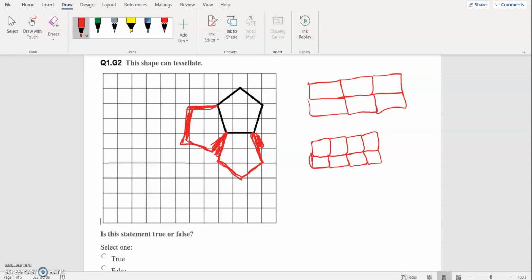We have hexagons, octagons as well. So think of the shape of the tiles that you might have in your kitchen or bathroom. What kind of shapes are they? Typically rectangles, squares, hexagons, octagons as well. So these are the kind of shapes that tessellate.